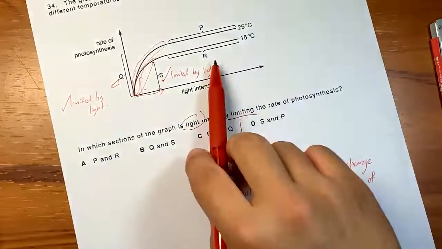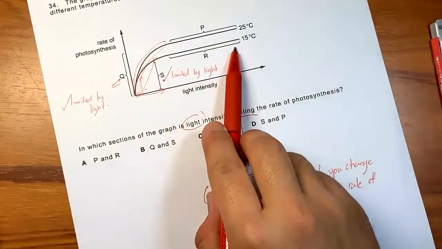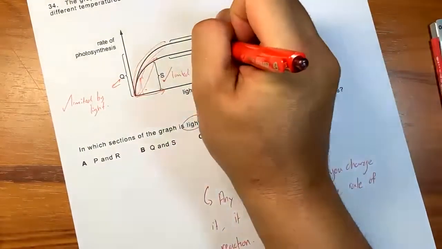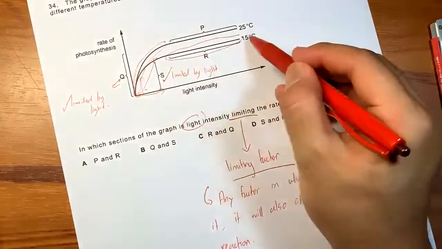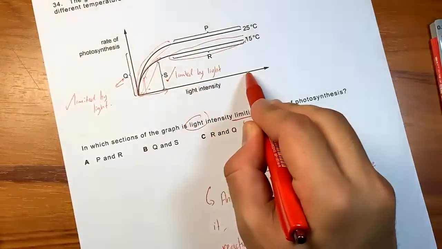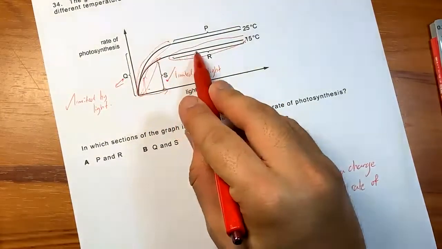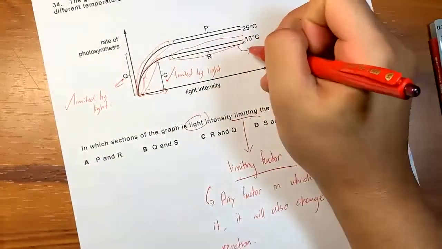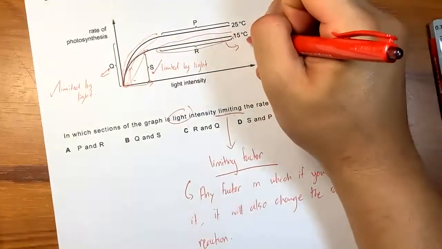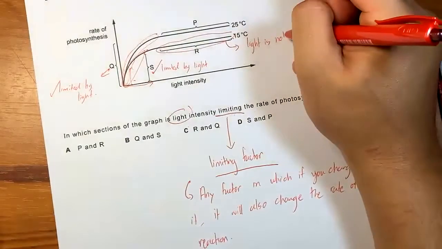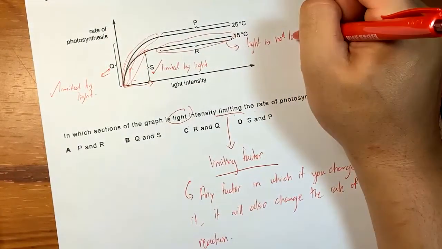But in the case of R, if you focus on region R and increase the light intensity, the rate of photosynthesis stays constant. So in other words, light is no longer limiting.